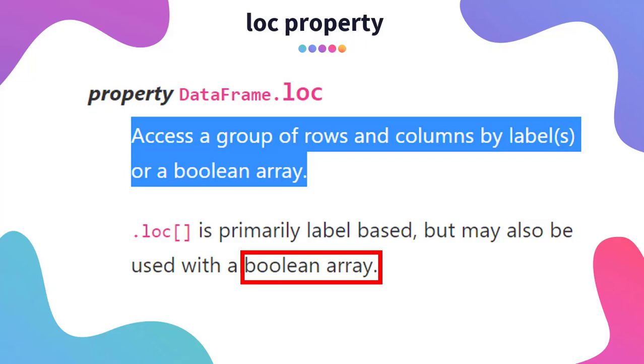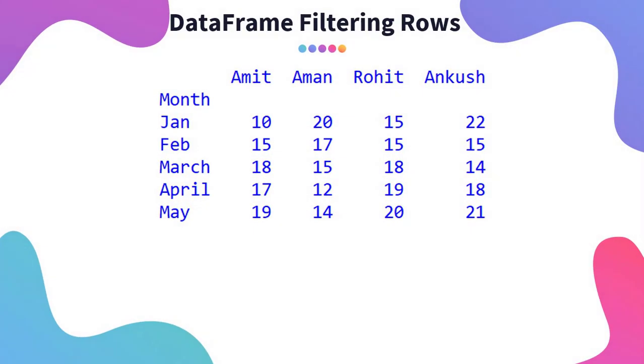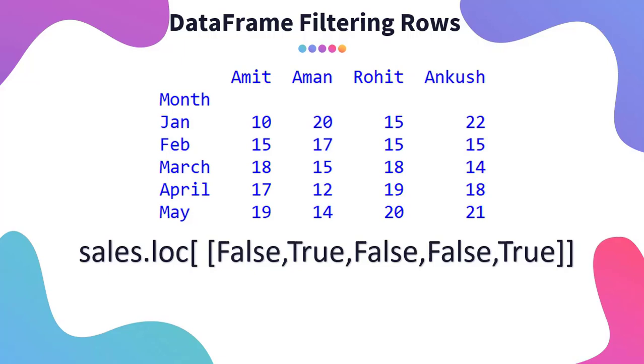Now we will learn what we mean by this Boolean array over here, and we are going to use this Boolean array to extract data. So if this is my DataFrame, and if I write it like this in the loc, I pass a list of Boolean values, that is false, true, false, false, and true. This means that I don't require Jan.